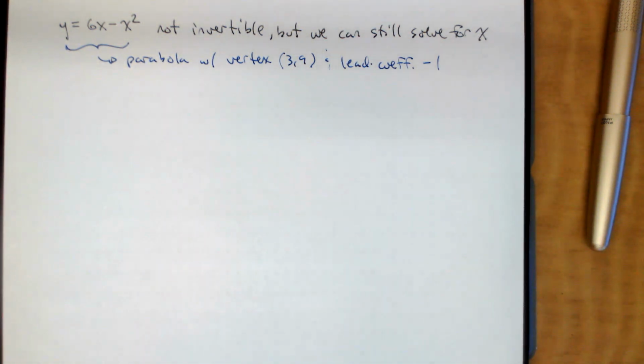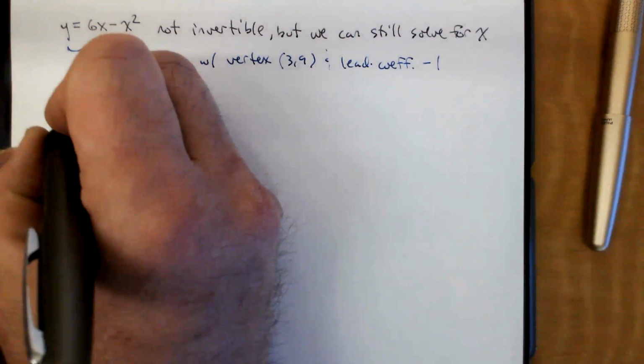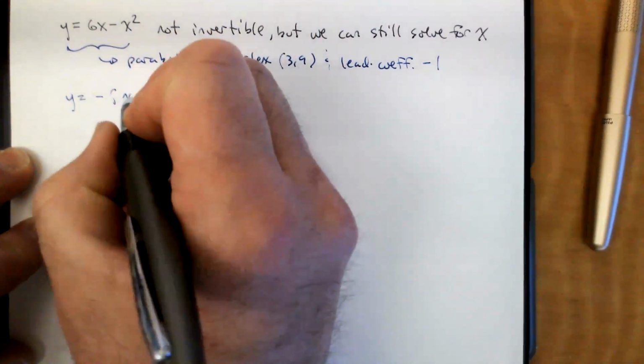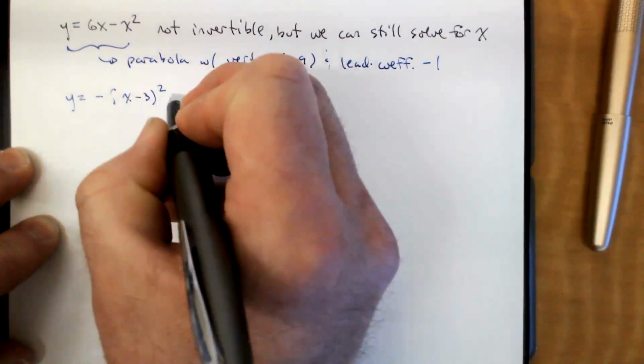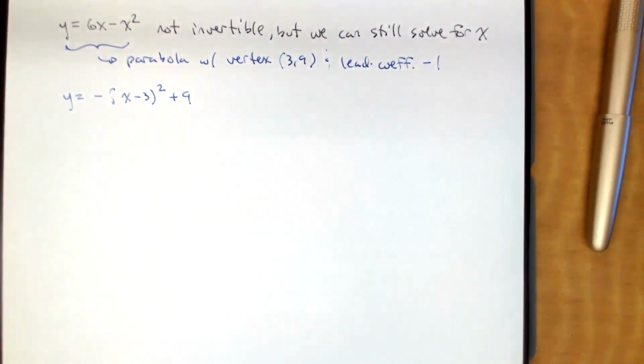Because if I can set up an equation to solve where the variable I'm solving for only appears one time, I know my life has become much easier. So I'm going to rewrite 6x minus x squared. Leading coefficient is -1. The vertex is at 3, 9. Now we're going to have an easy time solving this equation because the x only appears once.